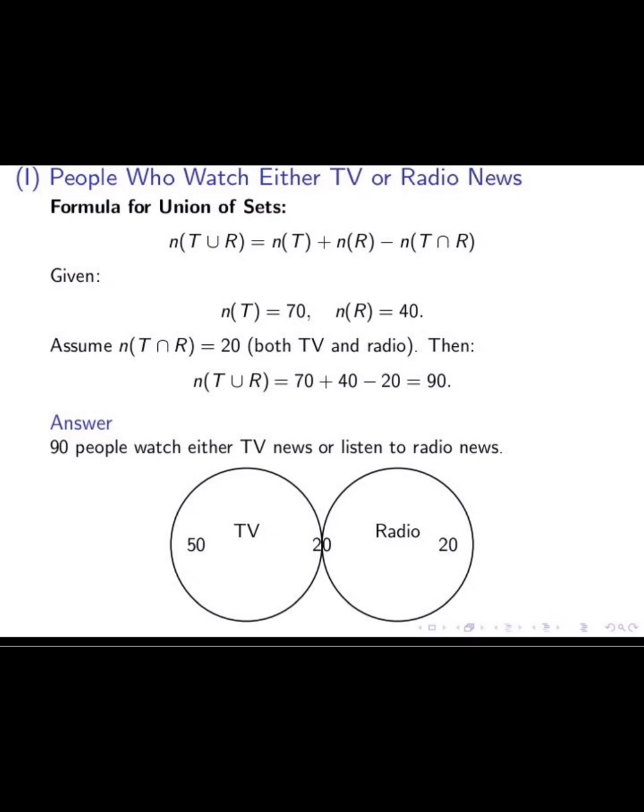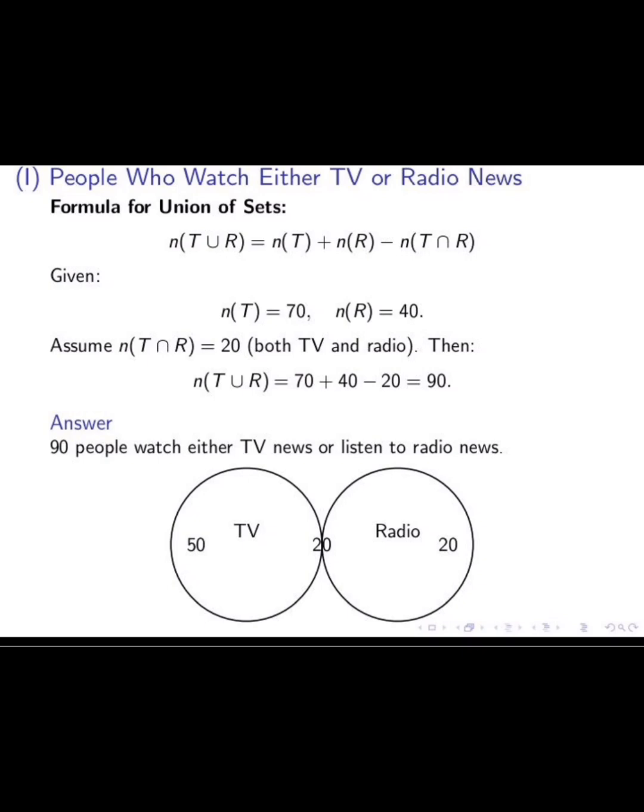Now, the number of those that watch TV news, they are 70. Those that listen to radio, they are 40. So we need to find the intersection between the two of them. Now, if you look at the Venn diagram that we drew, you see that the relationship between the two is 20, because this one is going to be 70, this other one is 40, and the relationship between the two of them is 20, which is also known as the intersection.